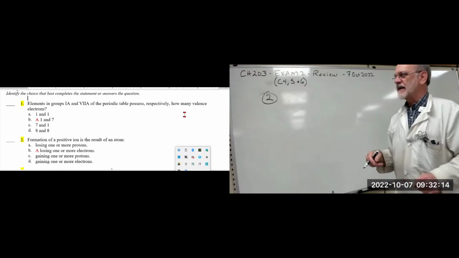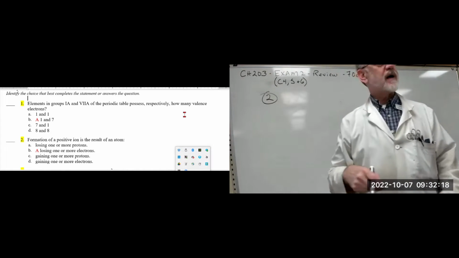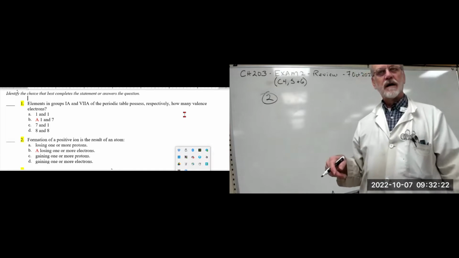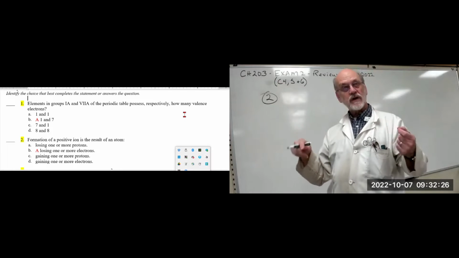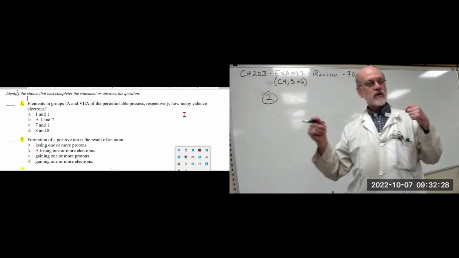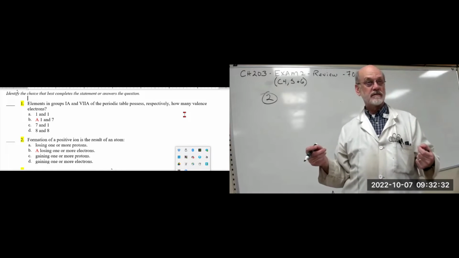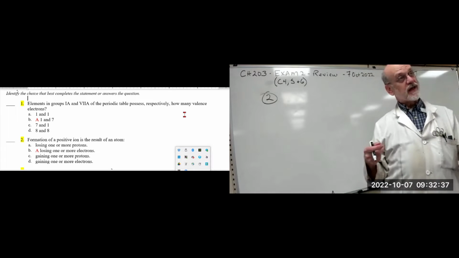Formation of a positive ion is the result of an atom, what? How do you form ions? In this case, yes, it's the balance of the protons and electrons. And you can't touch the protons, not in a chemical reaction. You can in a nuclear reactor, but that changes the element.